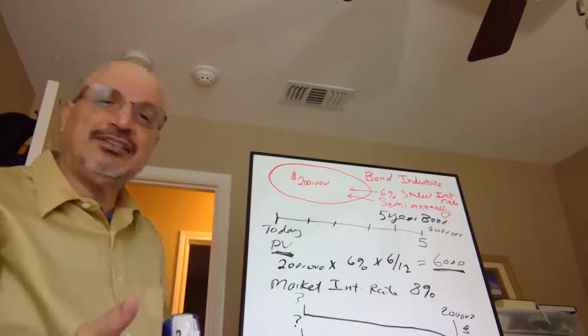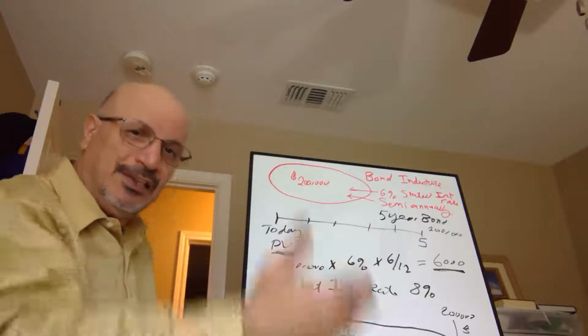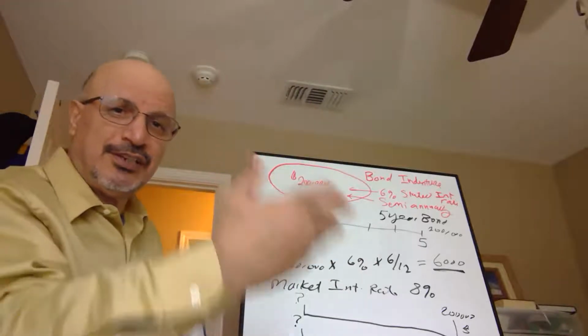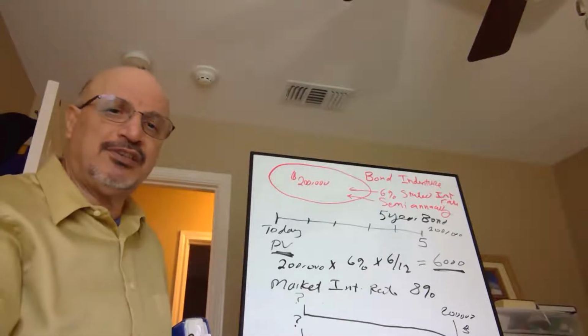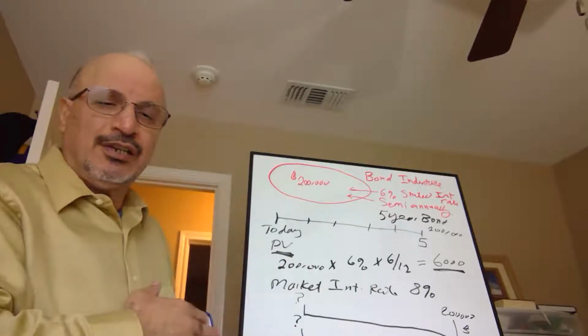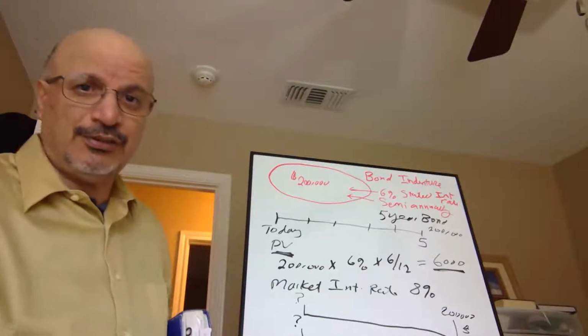The interest is considered an annuity, because it's paid every period, every 6 months, every 3 months, or every year. So to figure out the present value of an annuity, we use present value annuity tables. Of course, there are formulas also.